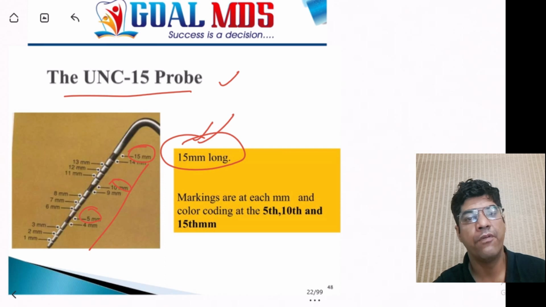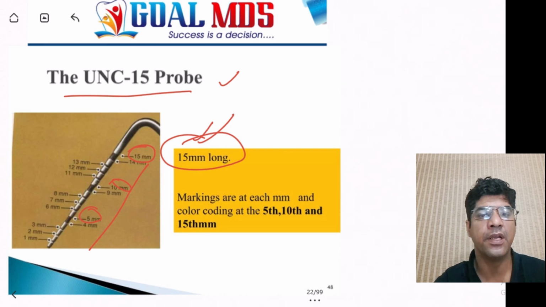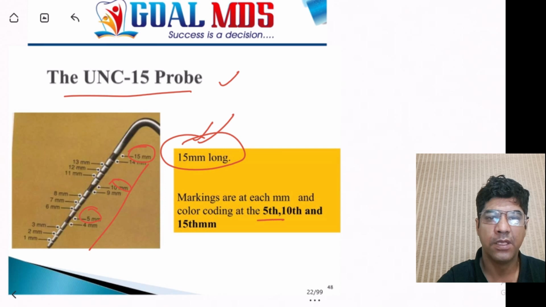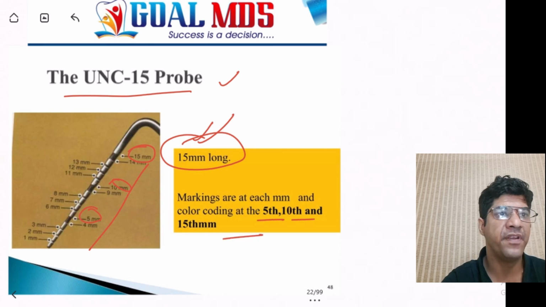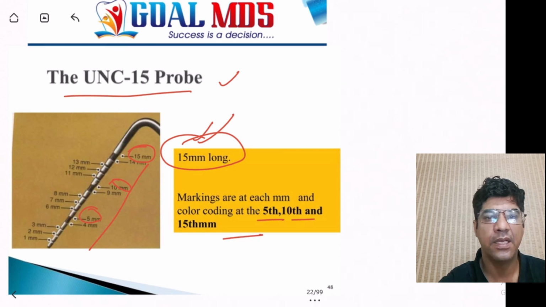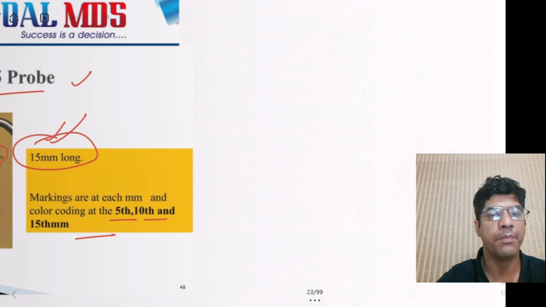That will allow for deeper measurement in cases where a longer probe is needed. Also pay attention to the 5th, 10th and 15th color coding markings.